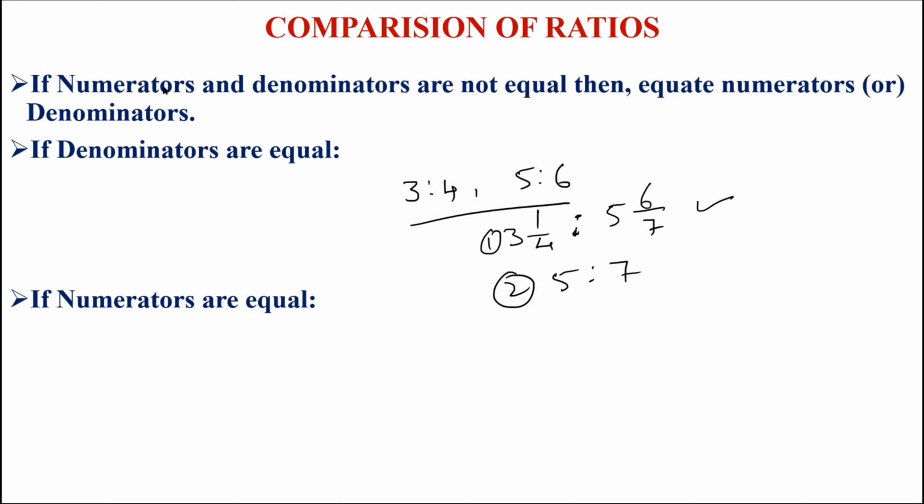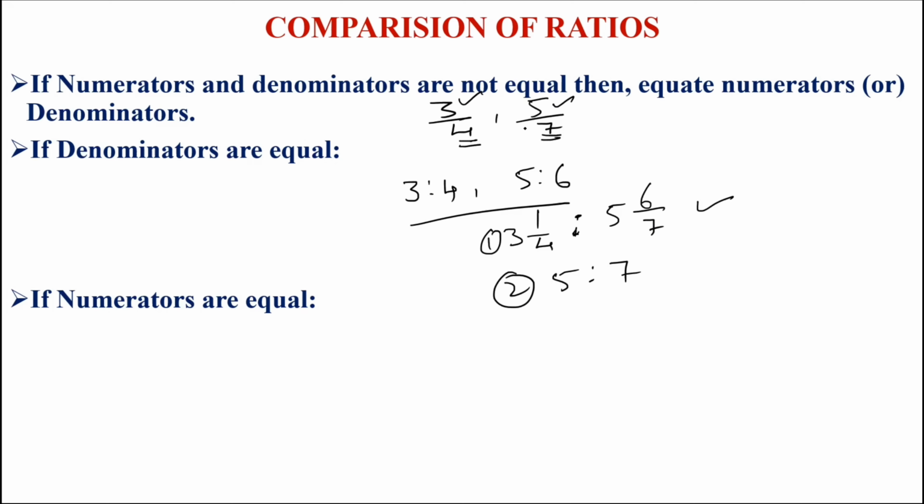Next, if numerators and denominators are not equal, then we equate the numerators or the denominators. For example, take the ratios 3/4 and 5/7, where 4 and 7 are not equal, and 3 and 5 are not equal.